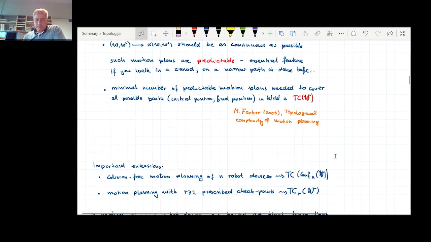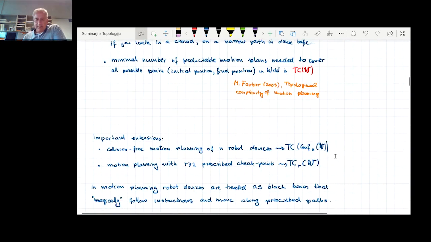Okay. So, during these last 2 decades, there were many important examples, many important extensions. I'm going to mention two. One of them is if you want to move at the same time several robot devices without collisions, of course, then this is essentially talking about topological complexity, not in the space W, but in the configuration space of n non-colliding objects within this workspace.